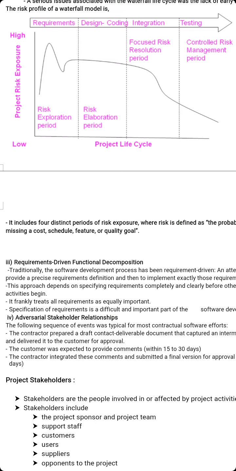In that, some conditions will occur which are rare in the real world. That is, specification of the requirements is a difficult and important part of the software development process. For example, you are taking the CCPDS-R technique. In that, suppose you are having 2000 shalls.